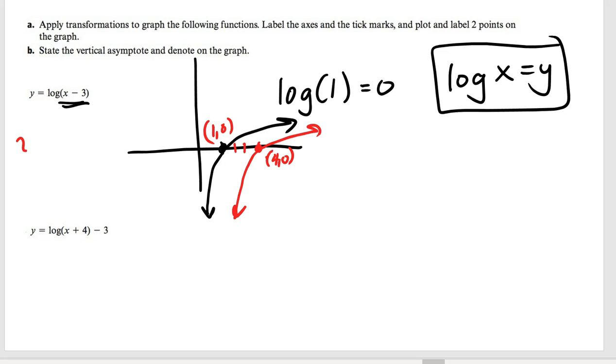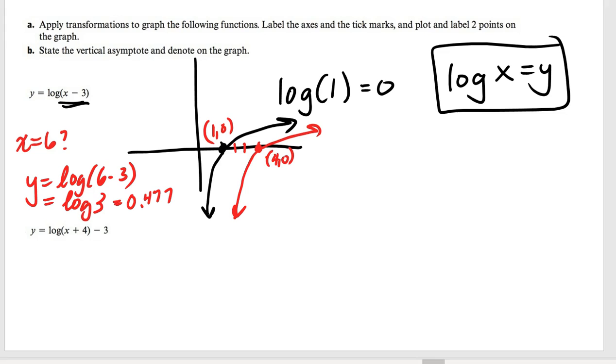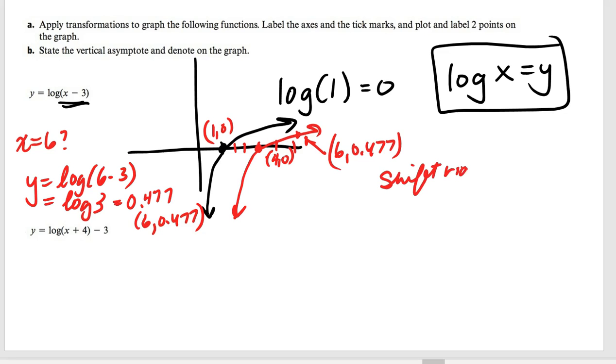So let me just say, when x is equal to 6, then y is equal to the log of 6 minus 3, or log of 3. You could enter that coordinate too. You could say 6, 0.477. Give yourself a second point. Now, we said the transformation would be, I'm going to shift right 3.